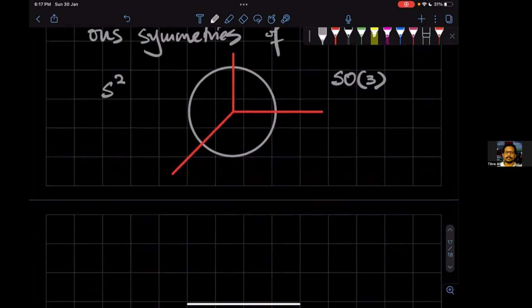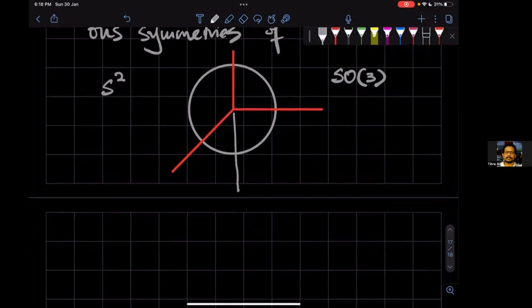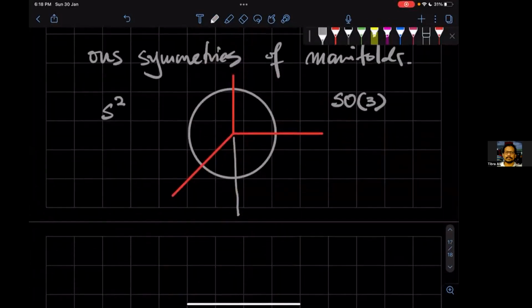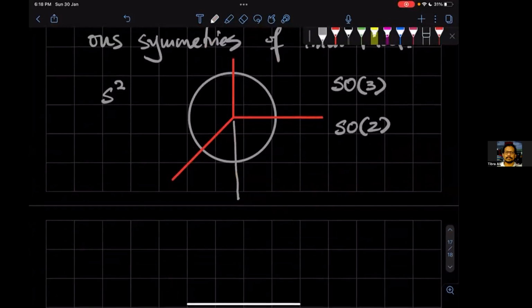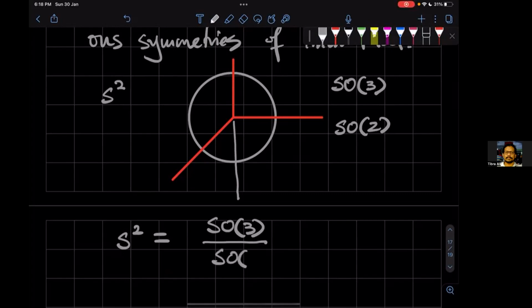But what people don't know is that there's also another group, which is the group of rotations in two dimensions. And that group is called SO2. But what we will show in this course is that the two-sphere can be expressed as a quotient, and I will define what the quotient is, of these two groups.